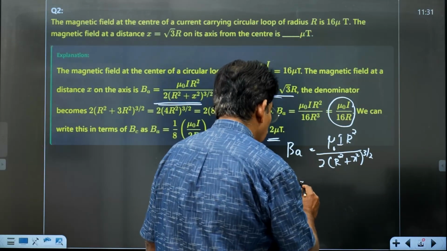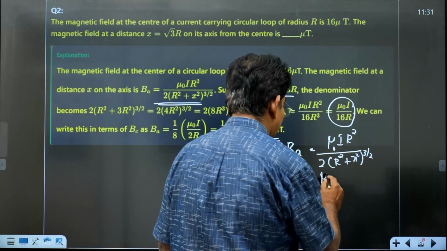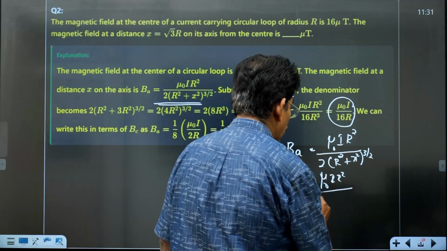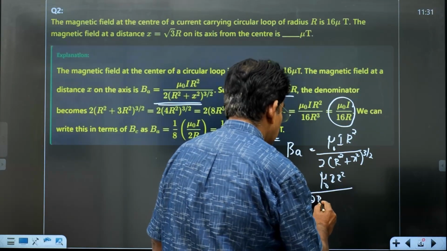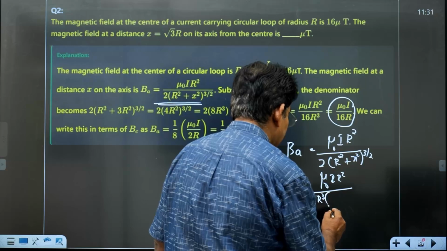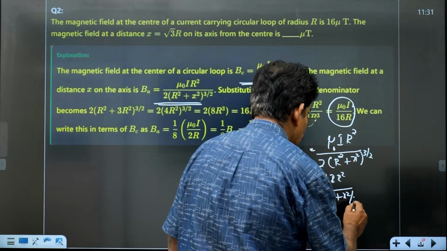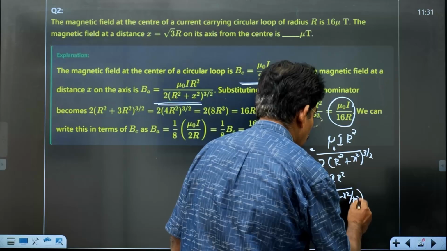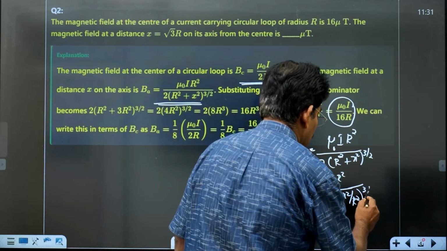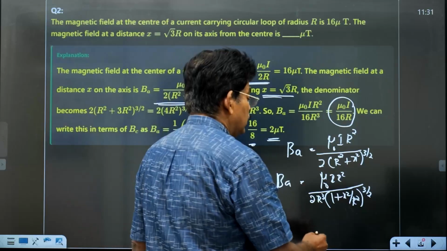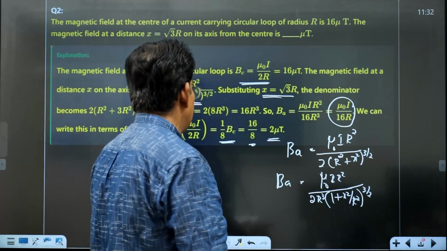You can pull out R squared out of the bracket. So it comes to be mu 0 I R squared into R cube, 1 plus x squared by R squared whole to the power of 3 by 2. And simplifying, mu 0 I by 2R will come.